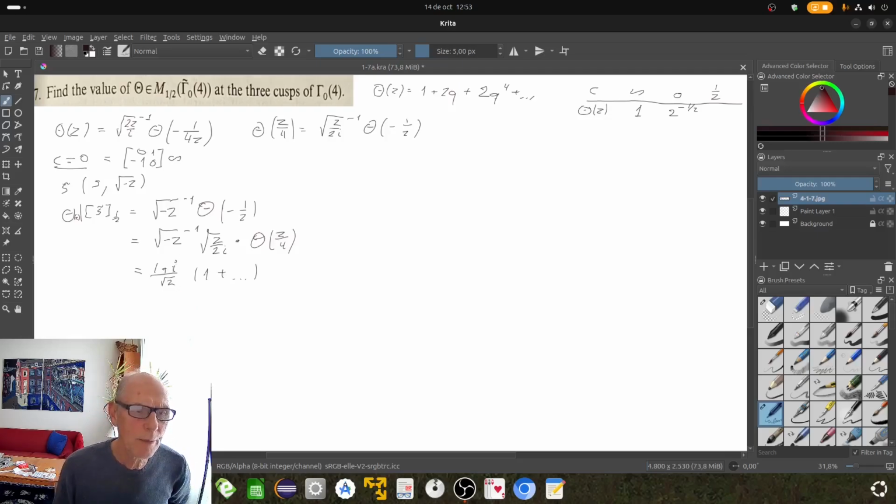So the square is i times, let's see, the square gives 2i divided by 2, that's the imaginary unit, so it's half. So this, yeah, that should do it.